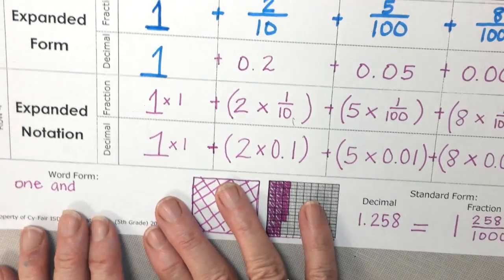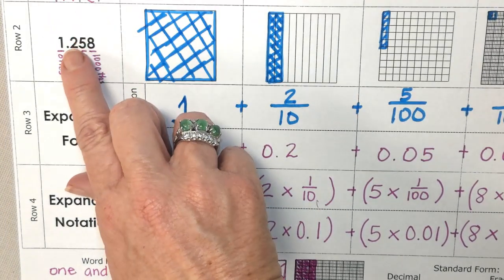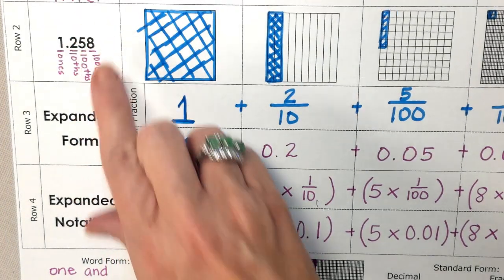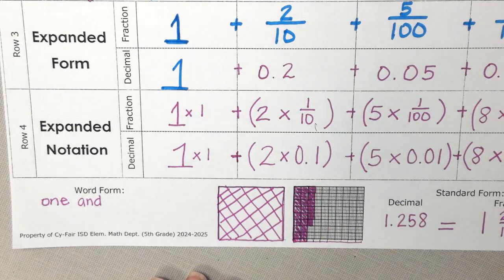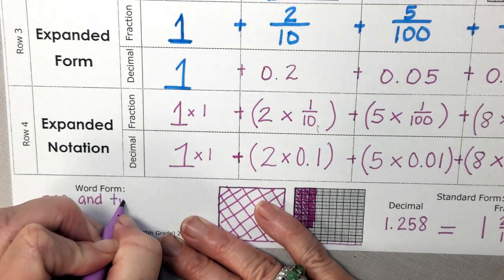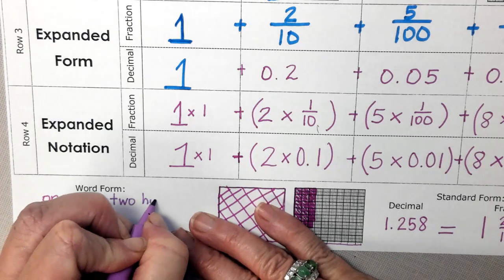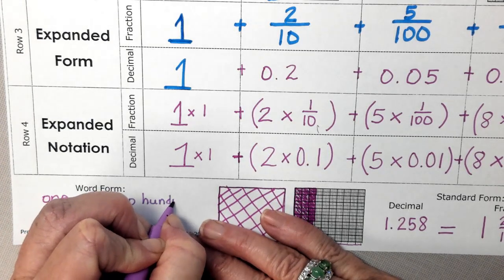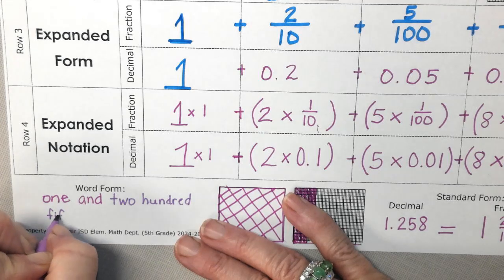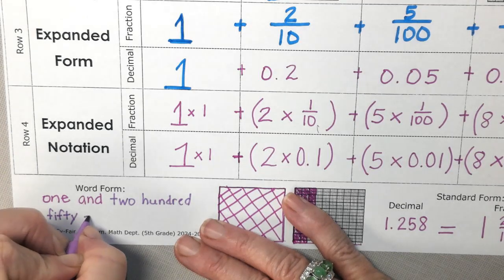And then we're going to chunk these 3 numbers together. Everybody say 258. 258. So we're going to have to write that out. So we would write 258.